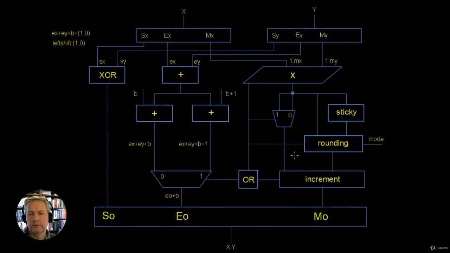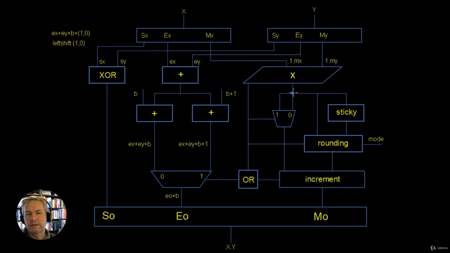So let's have a look at the rounding section here. Now the output we get here from this mux is the 23 bits. Now the 24th bit, that's the one after that, is going to be a guard bit, and we've got the guard bit represented here. Now we're also interested in the 23rd bit for this as well, so we'll have the 23rd bit for this also heading into here, although I haven't shown the line here, there should be a line here for the 24th bit heading in here.